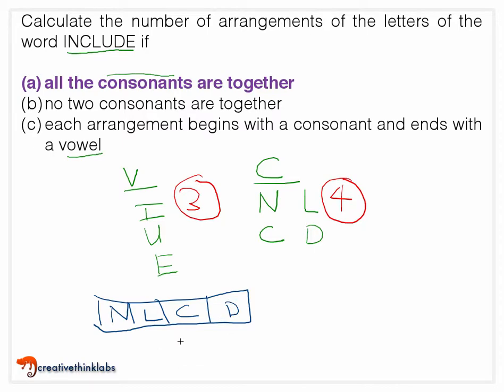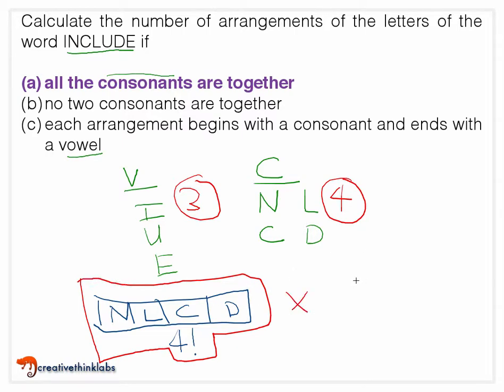Now we know this can be permuted in 4 factorial ways. Now remember what we did in our previous module. Now we need to assume this as one block, and then we need to multiply this by the remaining 3 vowels, I'm sorry, the 3 vowels that are remaining, plus this block that is considered as 1. So we have 4 factorial.